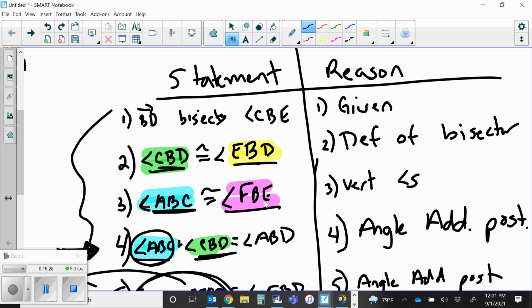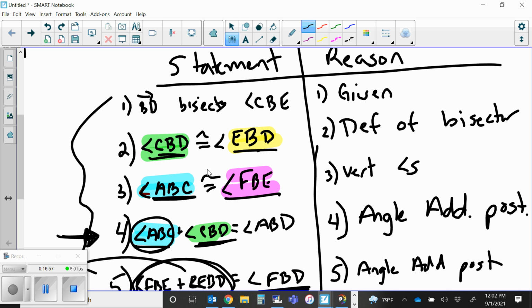My 2-column proof. And then what do you think I did with my 2-column proof? I just made it a paragraph. So like right here, I would say, first, we know that BD bisects angle CBE because it was given. Then that means that angle CBD is congruent to angle EBD because of the definition of bisectors.